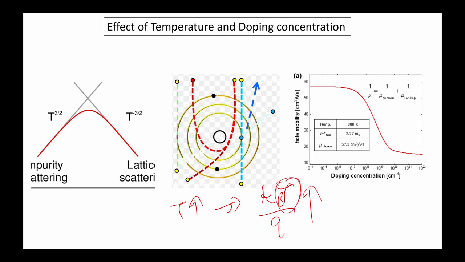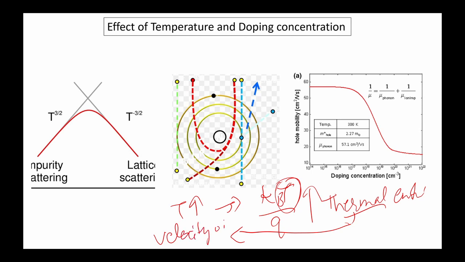This kBT by q is nothing but the thermal energy. Thermal energy will increase, then what will happen? It will increase the velocity of the electron.